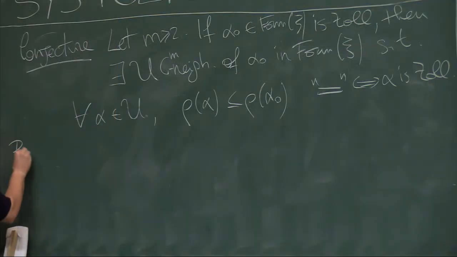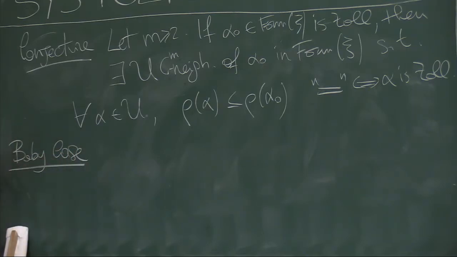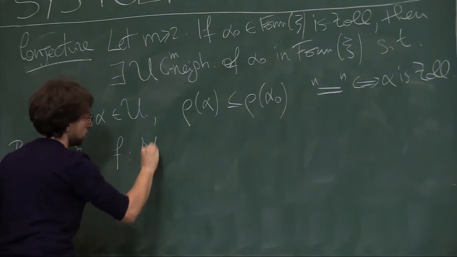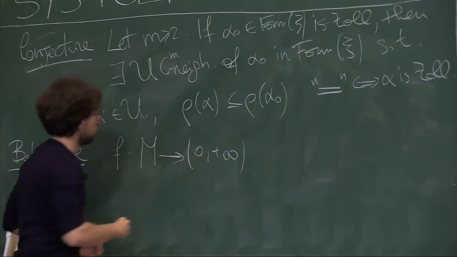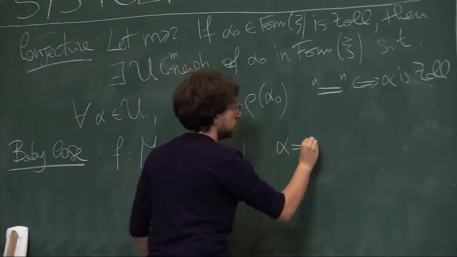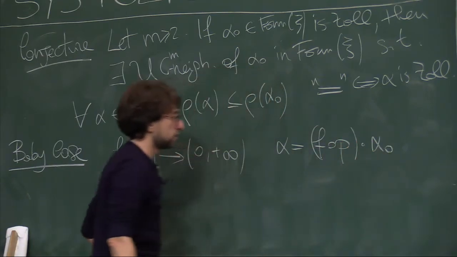So this is like a baby case. If I now take f to be a function from M to (0, +∞), where M is my quotient manifold, then I can just consider alpha to be f times alpha naught.